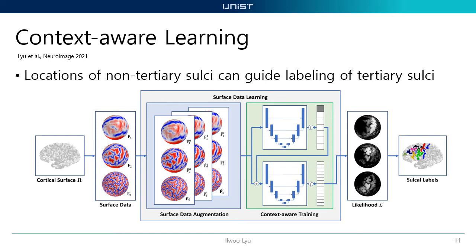We can train our model with just non-tertiary sulci, so we get a rough estimation of the location of all the non-tertiary sulci. Once we have that, we can use it as an additional feature for the next training for the estimation of all the sulci. We use these features to understand the other sulci, and we can also fine-tune the non-tertiary sulci using that information as well.